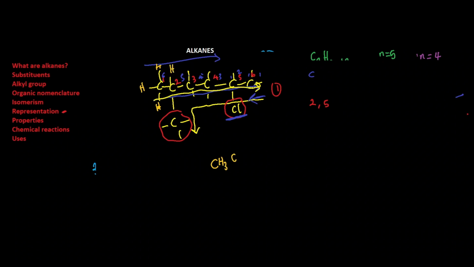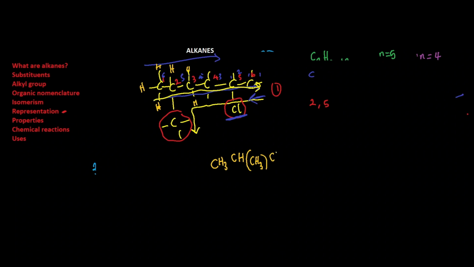Now the next carbon has 1 hydrogen attached, so H, and then it has a methyl group attached. Because the methyl group actually exists as a radical, we place it in a bracket, CH3.